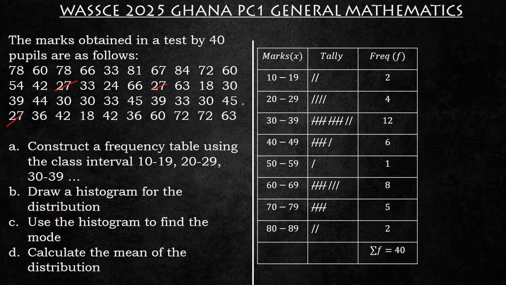Then we have 24 over here. So now we have 4 of them, which is why we have 4 bars over here. The frequency for that is 4. Next we have 30 to 39.